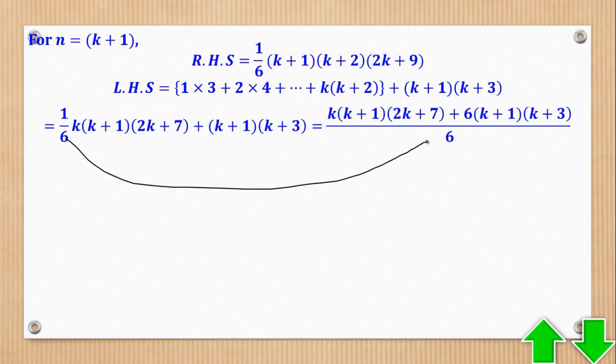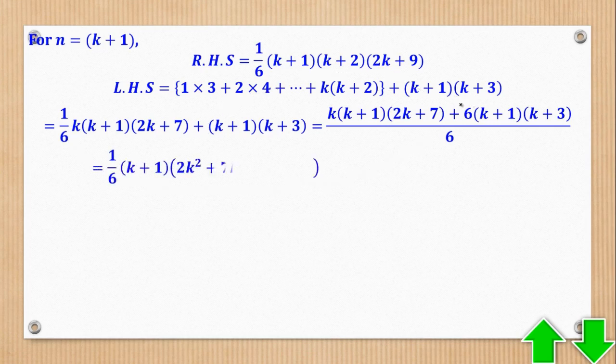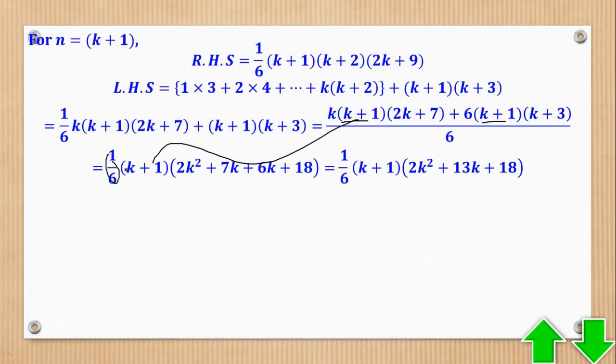Then get LCM. Put everything over one LCM, meaning here they will put a 6 here. Okay. Then next you realize that this and this is common. So pull it out. So you have 1 over 6 and k plus 1.